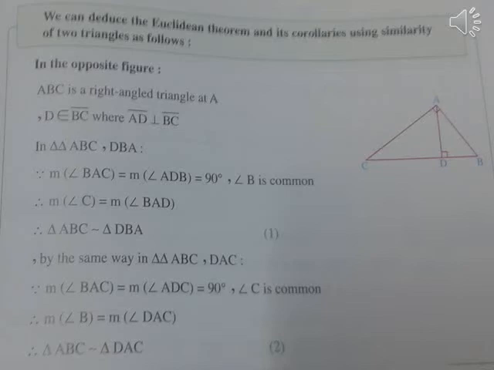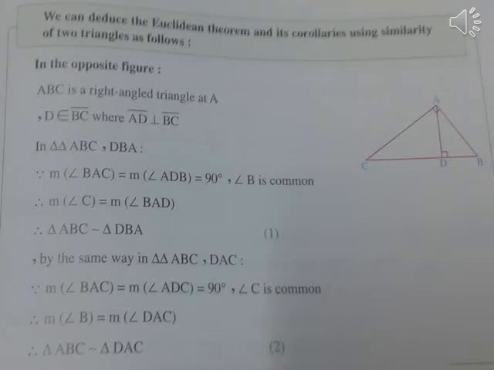In two triangles EBC and DBE, since measure of angle BEC equals measure of angle EDB equals 90 degrees, angle B is common. Therefore, measure of angle C equals measure of angle BED. Therefore, triangle EBC is similar to triangle DBE.